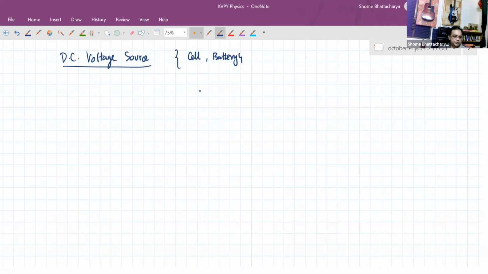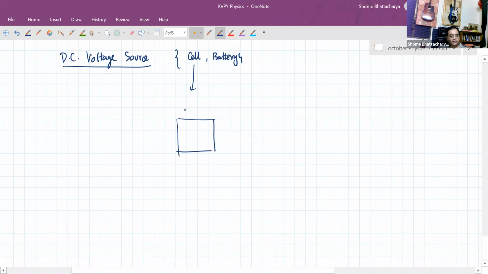Basically, a cell consists of a structure which has two electrodes, which are metallic rods. Because of some chemical reaction happening inside the cell, these electrodes are maintained at a constant potential difference.